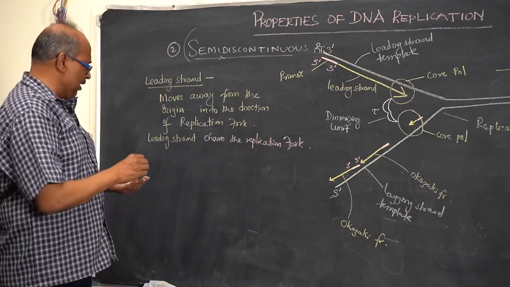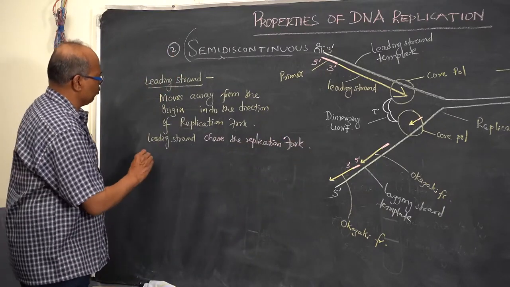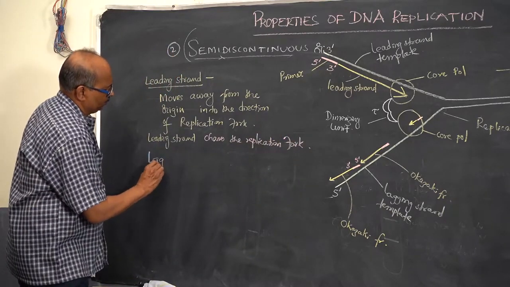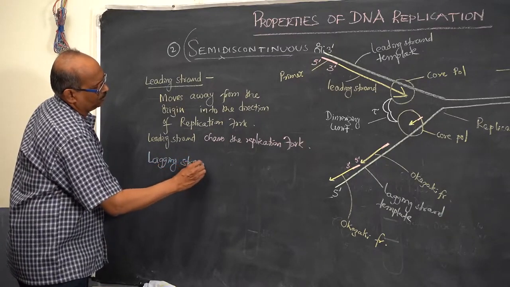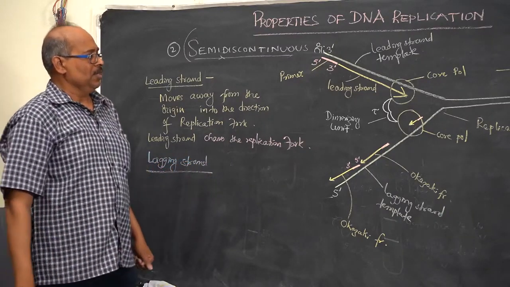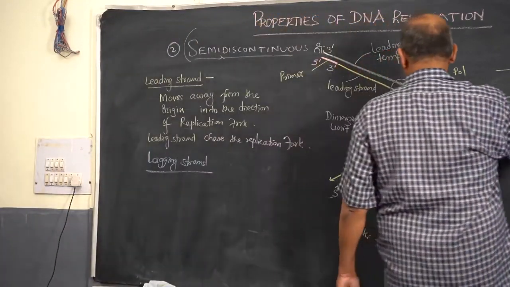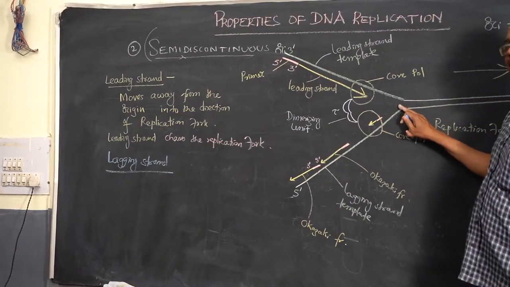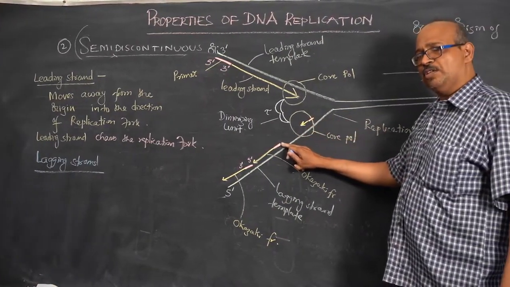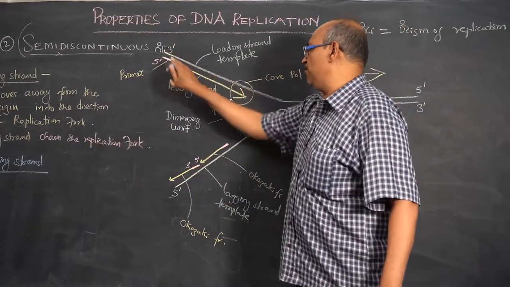Now when you look at the lagging strand, things are different. The lagging strand is synthesized in this direction. So it is moving away from the replication fork. It is moving in the direction of the origin.